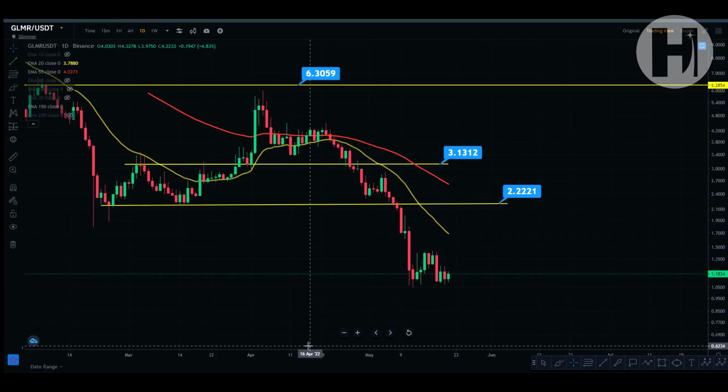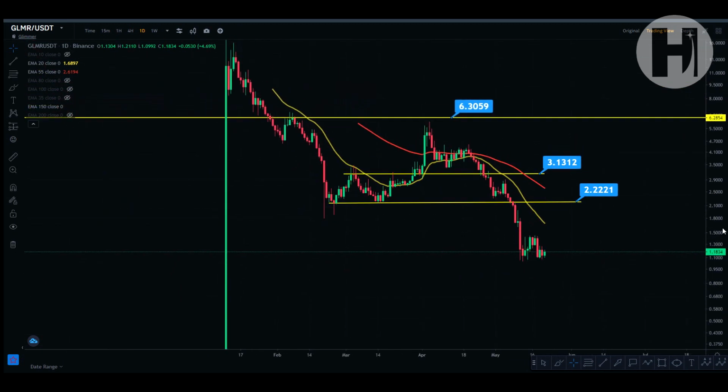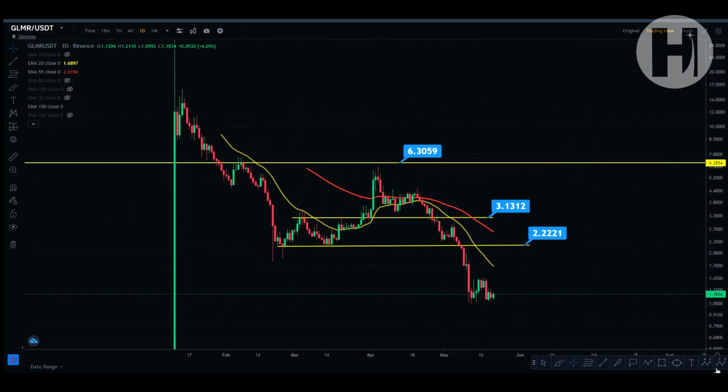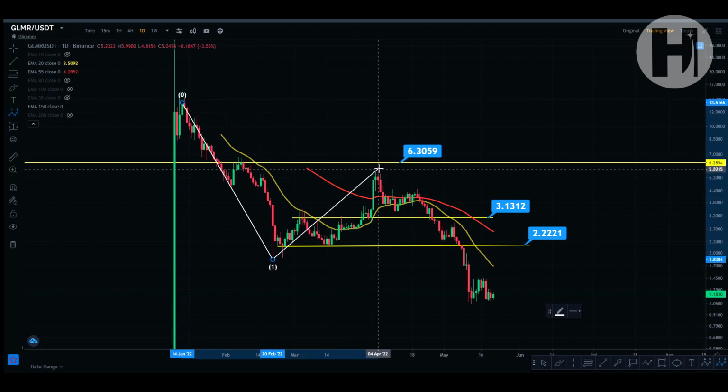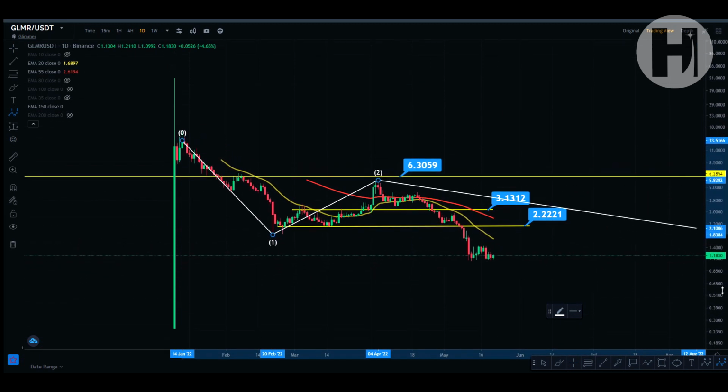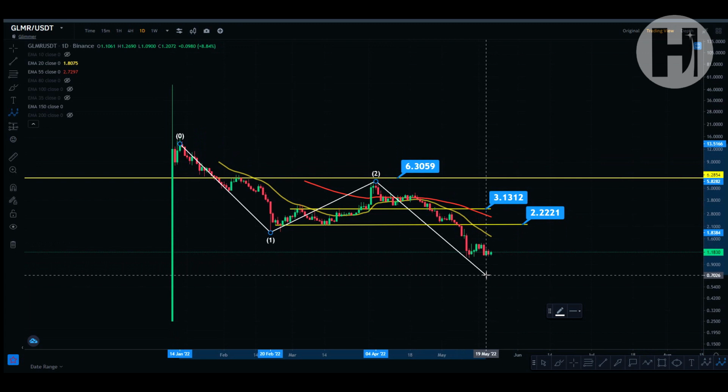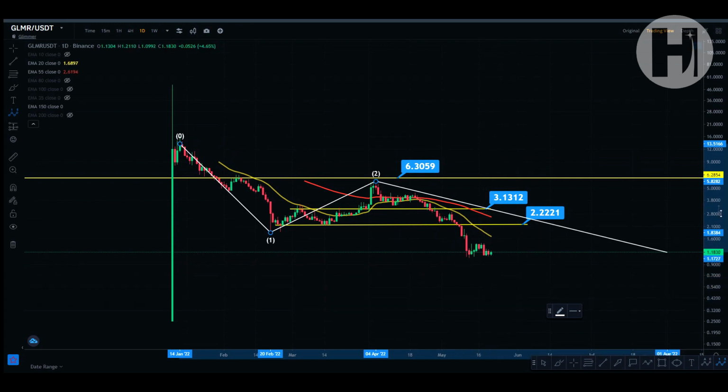Okay, so moving over to the daily chart on the Binance website. So I'm going to go for the Elliott wave theory, and we're going to have the Elliott wave count to the downside. So we're going to start off here, wave 1, wave 2, and now we're having our strong wave 3, which is usually a monster wave.